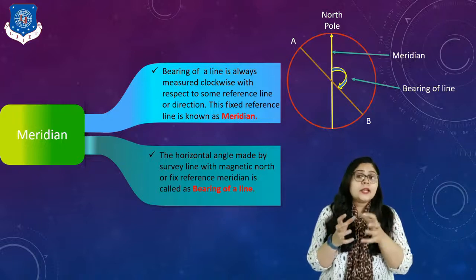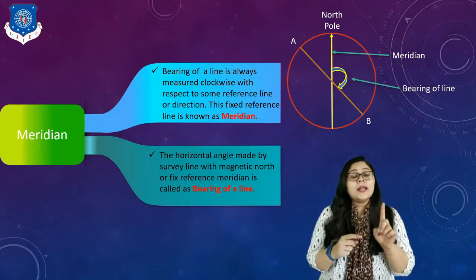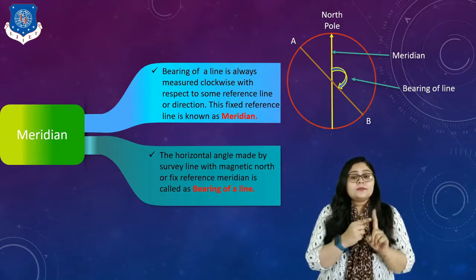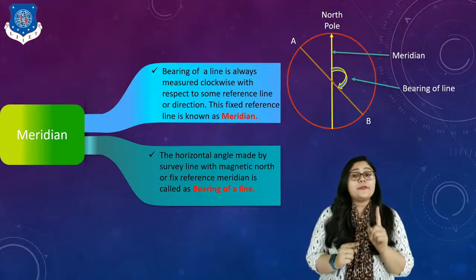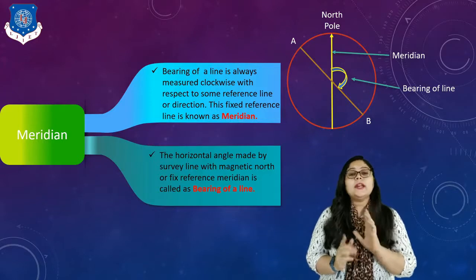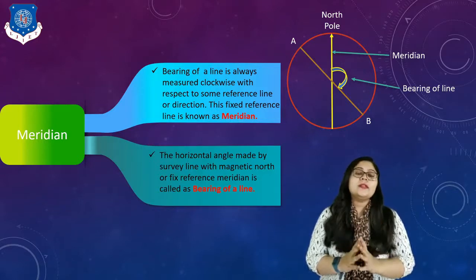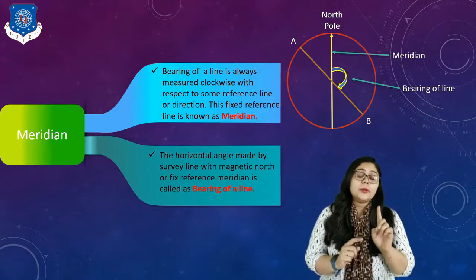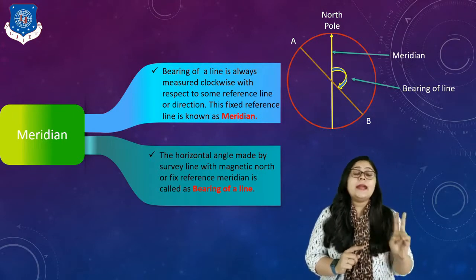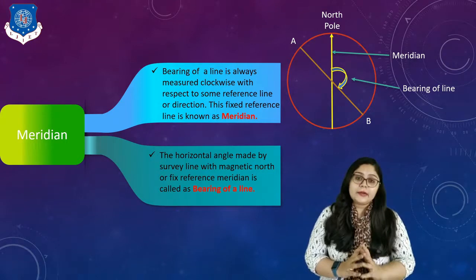I hope you are connecting all these terms. Again, a survey line has some angle with reference to something, and that reference is always known as the meridian. So these two terms are very basic and you should know their meaning. It means the reference line is the meridian and the angle is the bearing of the line, right?